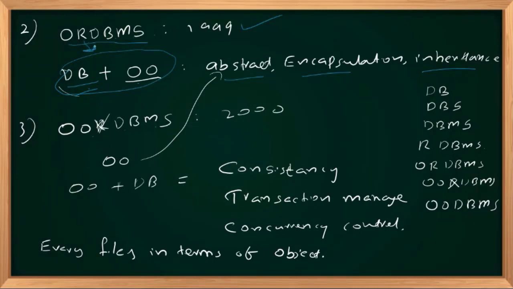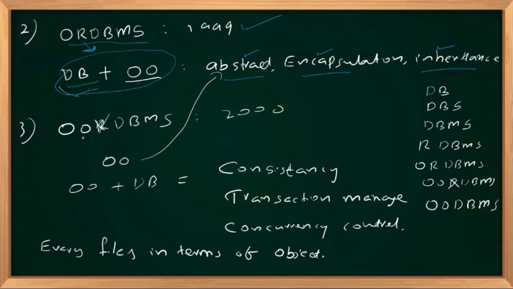Abstract means object-oriented concepts. In C++, there are object-oriented concepts, so our database consists of some object-oriented concepts like abstraction, encapsulation, inheritance, etc. These are also included in the object relational database management system.